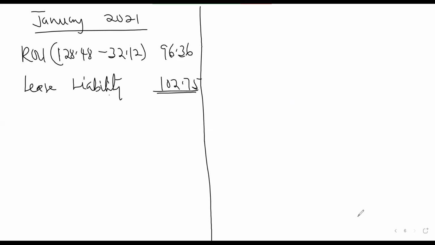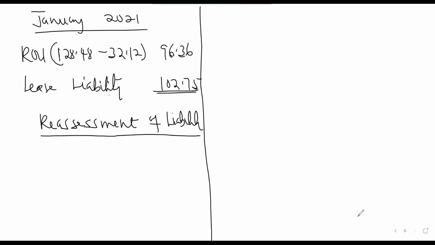So from this place we now reassess our lease liability. The reassessment we now calculate from today. Now we have 6 years of rentals to pay, so we calculate our new lease liability based on the years now.